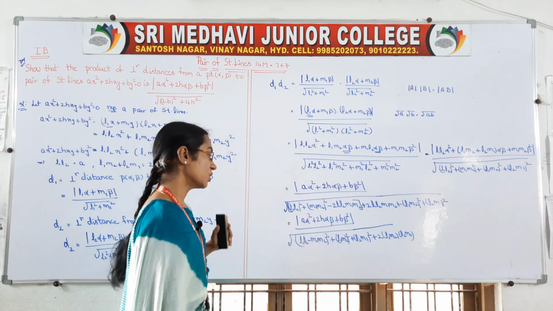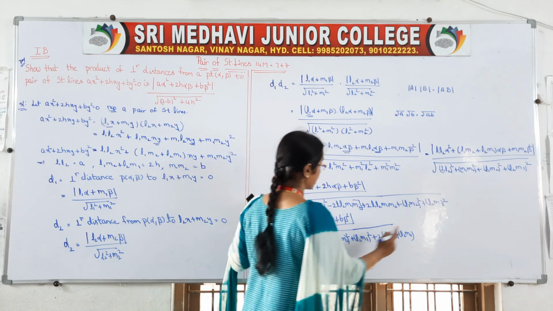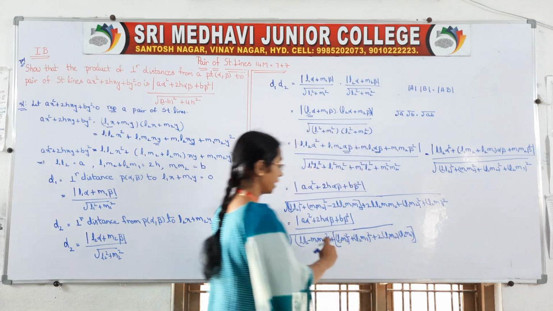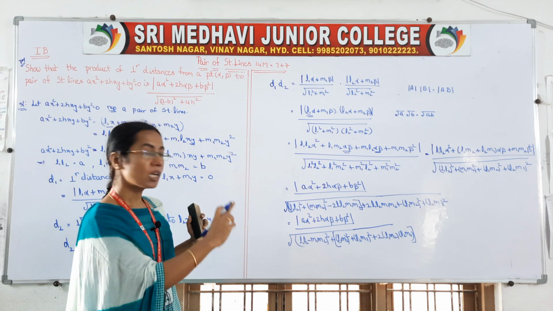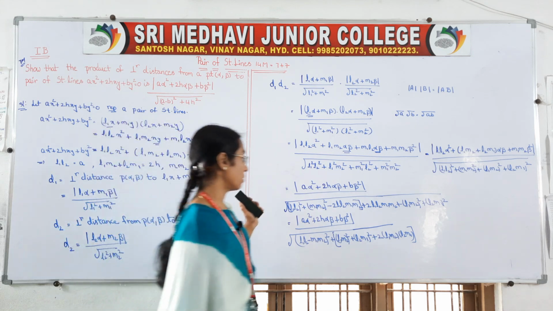Now observe this one. Suppose if we consider this as A, this as B, it is of the form A square plus B square plus 2AB. That means A plus B whole square form.